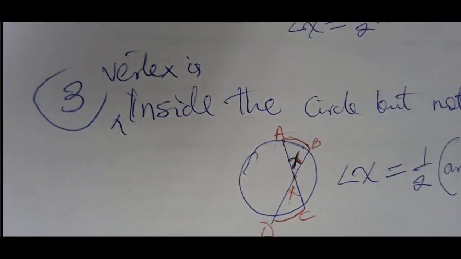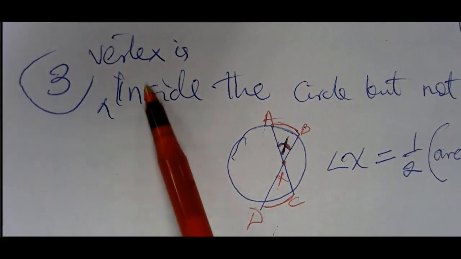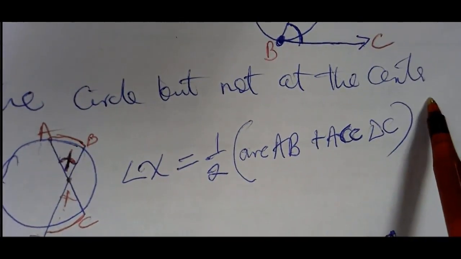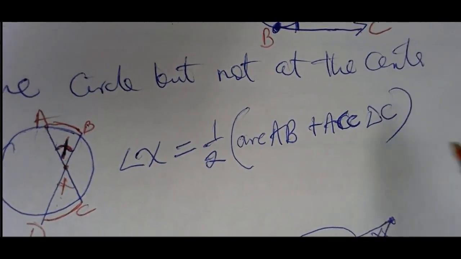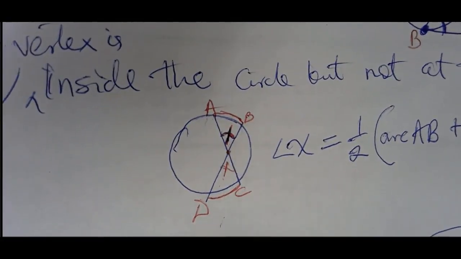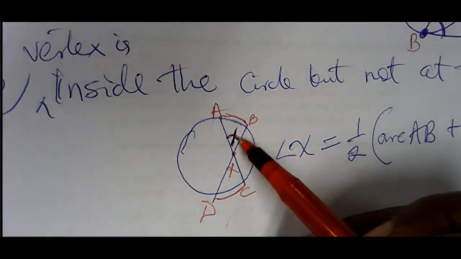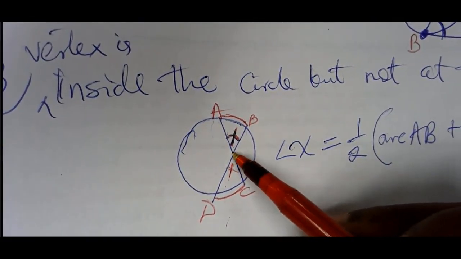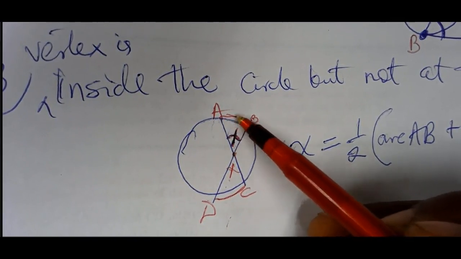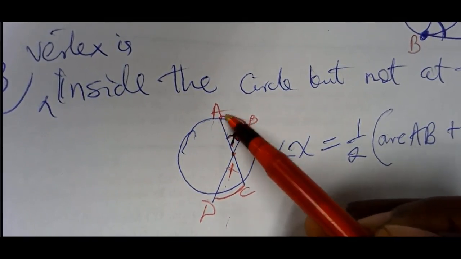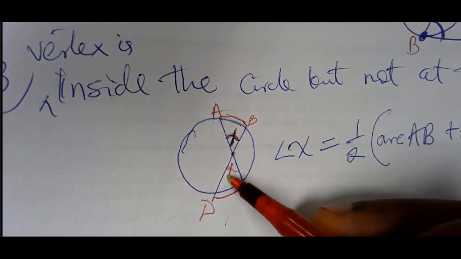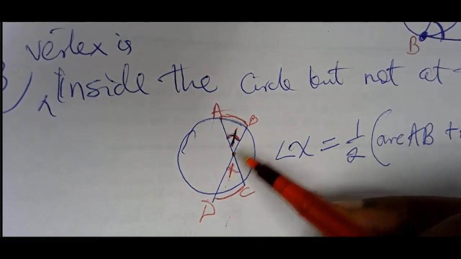So the third one is when the vertex is inside the circle but not at the center. So not at the center, like this. So this is the vertex. It's formed by 2 chords. But in this case, we have 2 intercepted arcs, because this is x and x is equal to the opposite angle here because they are vertical angles.